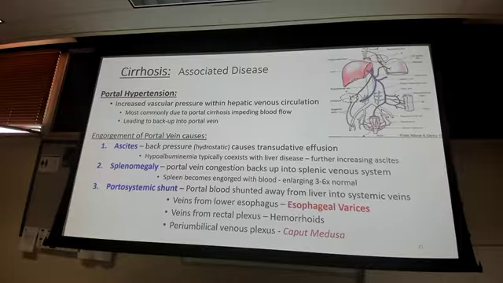It can happen in the rectum as well, and you get hemorrhoids. There's actually a vein around our belly button that normally doesn't really get much blood flow, but when this backup happens, it can actually cause blood flow to those veins around our belly button. It's called caput medusae. So it looks like just dilated veins on the abdomen. I'll show you here.